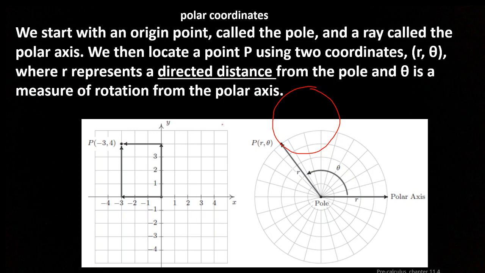Okay, now how does this work? Well, in polar coordinates, basically the points don't go anywhere. We still have the points on a plane. In a rectangular coordinate plane, for example, if we have this point right here, the point doesn't go anywhere.